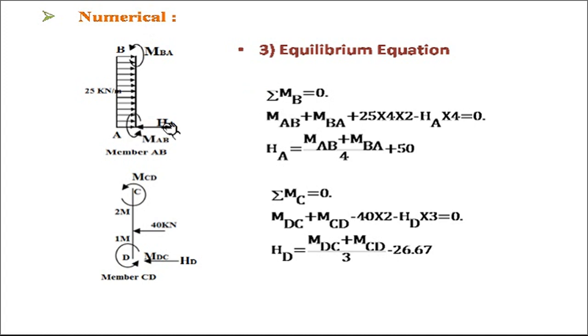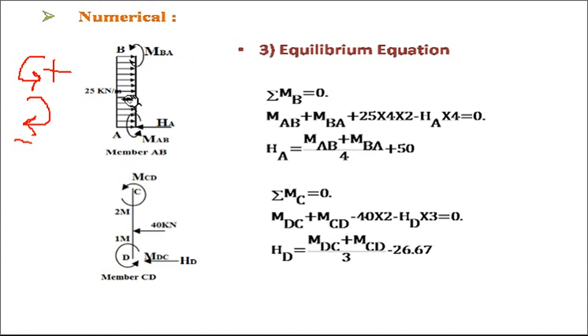Now here, to find out the value of HA, we will consider the summation of moment at joint B equal to 0. We will consider anti-clockwise as positive and clockwise as negative. Moment MAB is acting in anti-clockwise direction, so positive. MBA again acting in anti-clockwise direction, so positive.